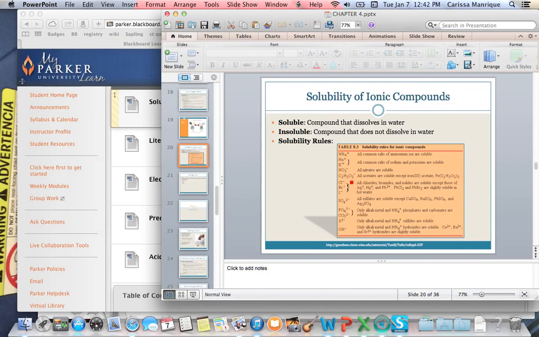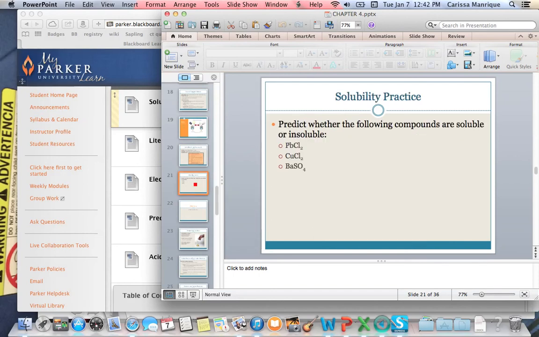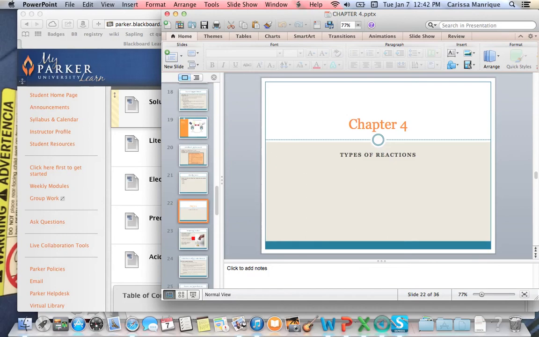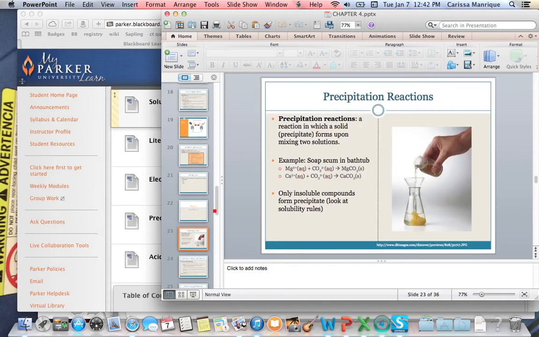It's not listed here, so then I'm going to look for chlorine. Chlorine's right there, and I read the rule and decide if it's soluble or not. And so that's how you use the solubility rules. For the next podcast, what we're going to do is apply these in a reaction, okay? We need to decide if we mix these two things together, will it be soluble or insoluble?